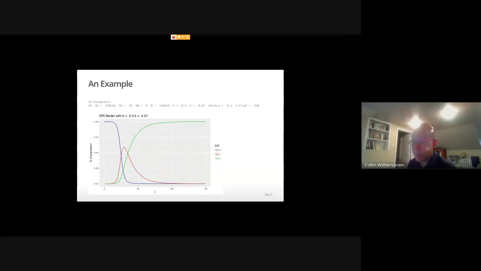But look at what happens. It doesn't take a really long time for this to turn into exponential growth in the infected. You can see that if you took the natural log of that infected value, it would basically follow a straight line through time.